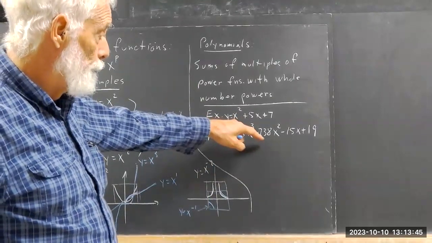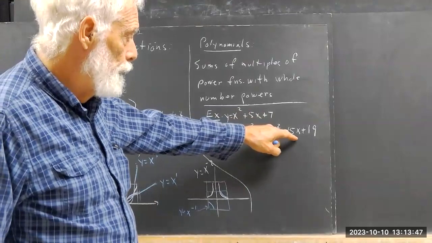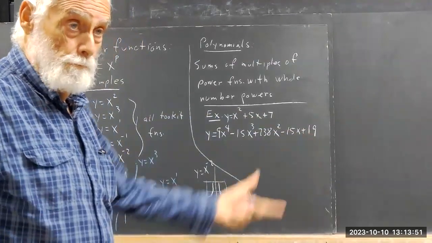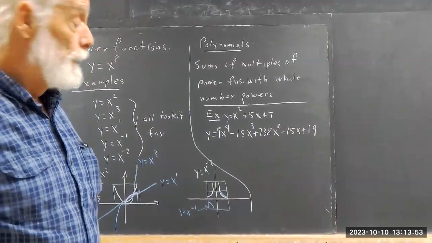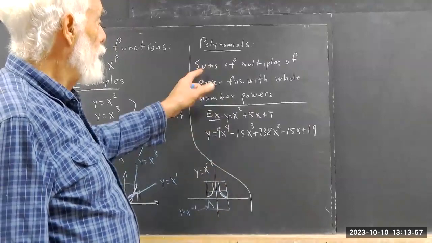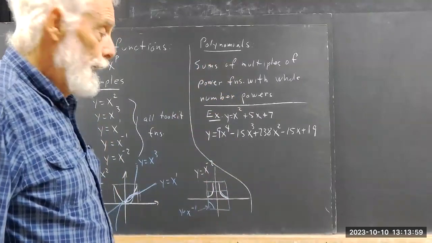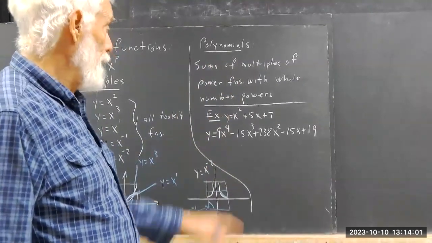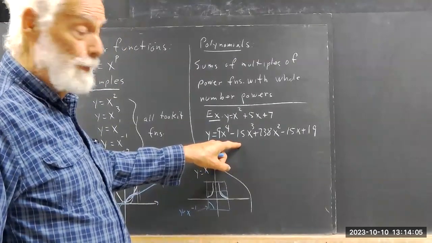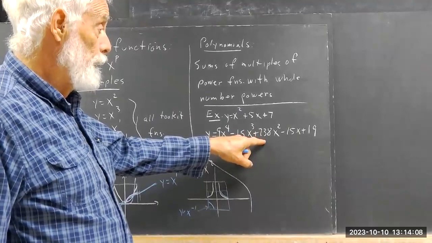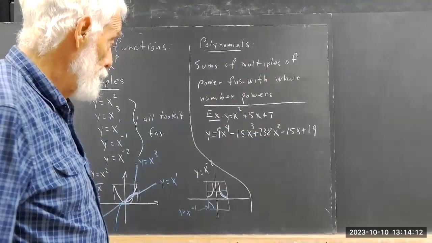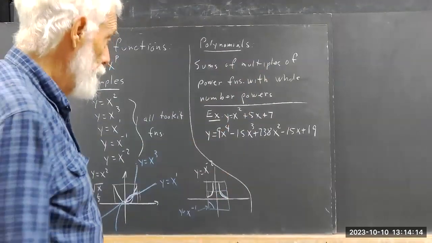Here are the exponent 3, exponent 2, exponent 1, and here the exponent 0. So that certainly fits. And it's a sum of multiples. We add 9x to the 4th and we add negative 15x cubed. That's a multiple. And we have 738x squared, that's a multiple. Minus 15x is a multiple, and of course 19 is a multiple next to the 0.